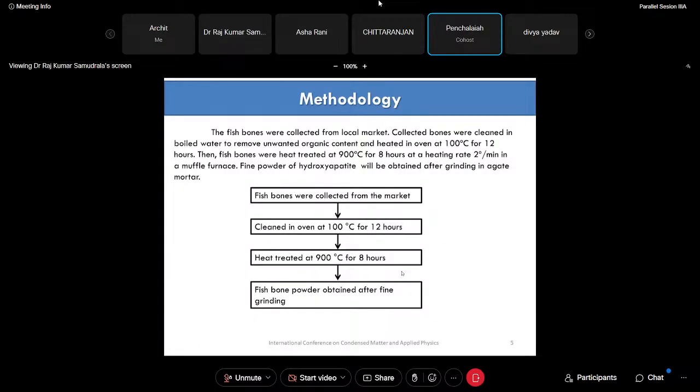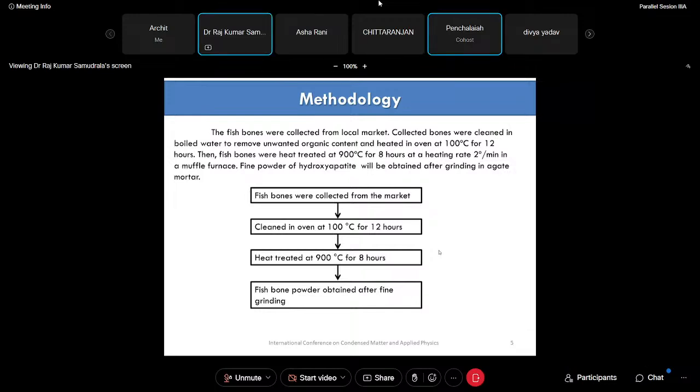Now go to the methodology. For the preparation of hydroxyapatite, fish bones were collected from a local market and cleaned in boiled water to remove the unwanted organic content, then dried in the oven at 100 degrees for 12 hours.